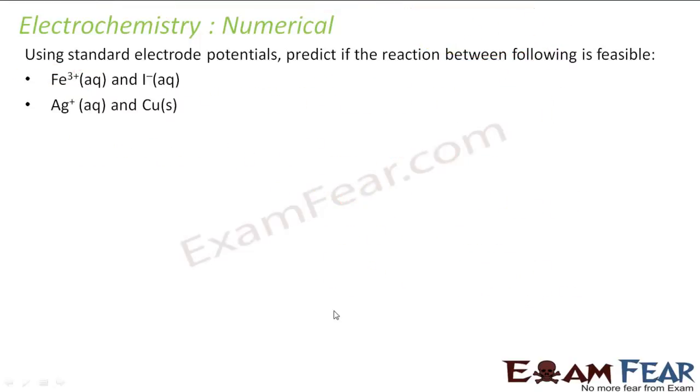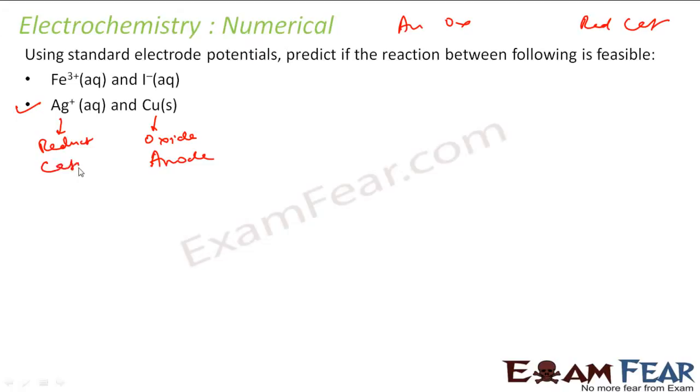Let's talk about the second case. I have Ag+ and Cu. Obviously Ag+ is something which will get reduced, and Cu will get oxidized. Oxidized means this is anode, and reduced means this is cathode. Here we have to find the E cell.